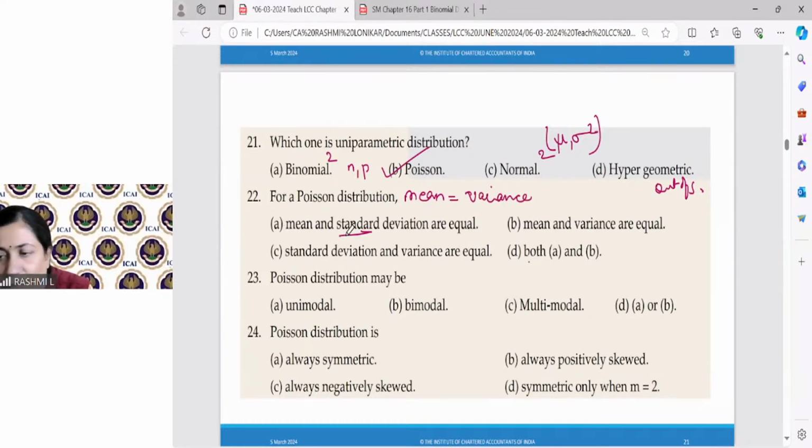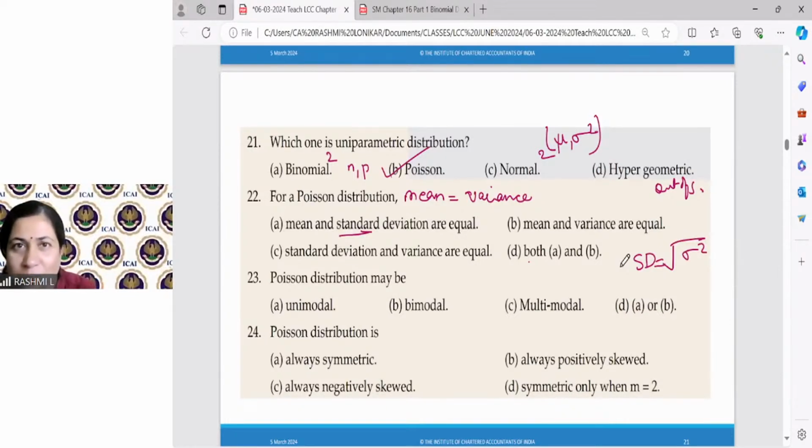D is both A and B. That is not possible. Either mean can be equal to standard deviation, or mean can be equal to variance. Okay, not both. Standard deviation and variance are equal? Are they equal? We know standard deviation is what? Under root of sigma square. This will hold true only for standard deviation equal to 1, right?